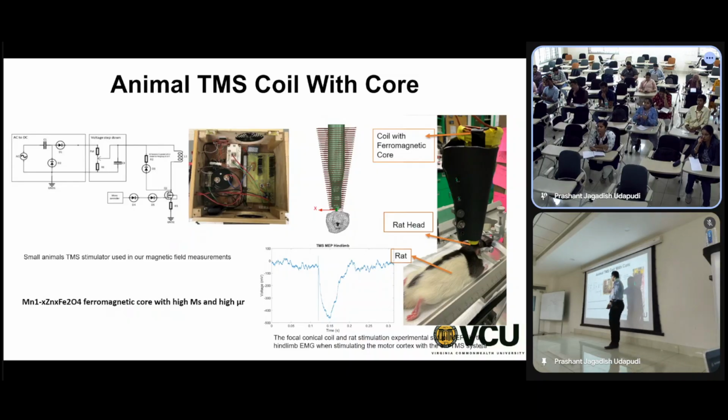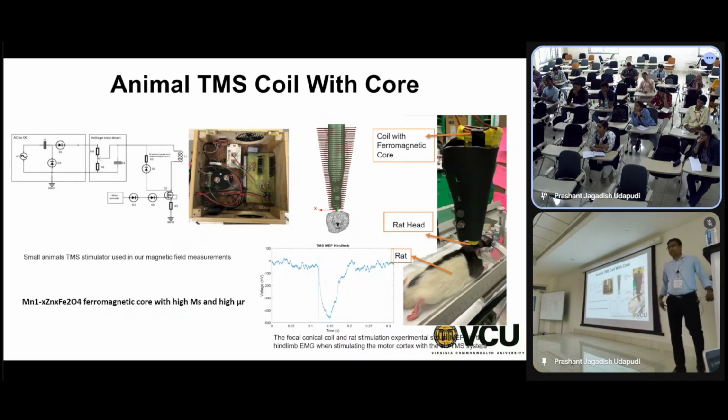We built our own stimulator. We used this high permeability ferromagnetic core and stimulated the rat to get a twitch in its limb, and that is the motor evoked potential. So now we showed that yes, we can use one core with a small current and focus it to get the rat to twitch its leg.